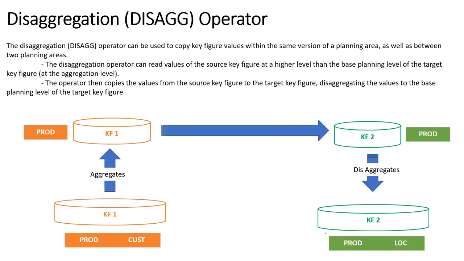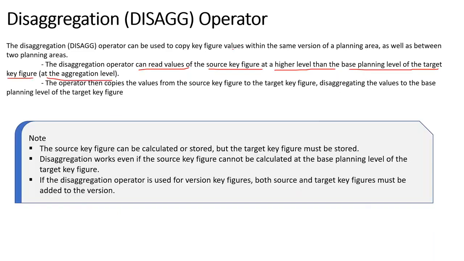In this example, it calculates at an aggregate level, product, and then copies data at the aggregated level. Then the copy operator copies the values from the source key figure to the target key figure, disaggregating the values to the base planning level of the target key figure. First it aggregates and then it copies, and while it copies, it also disaggregates to the detail level.